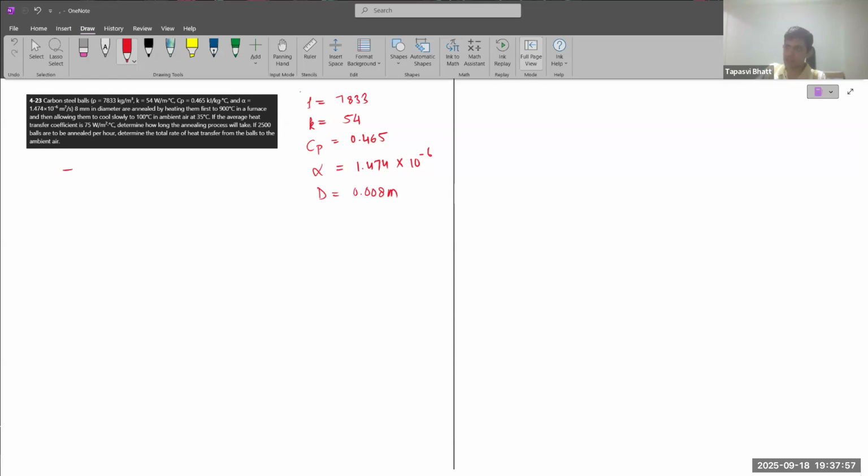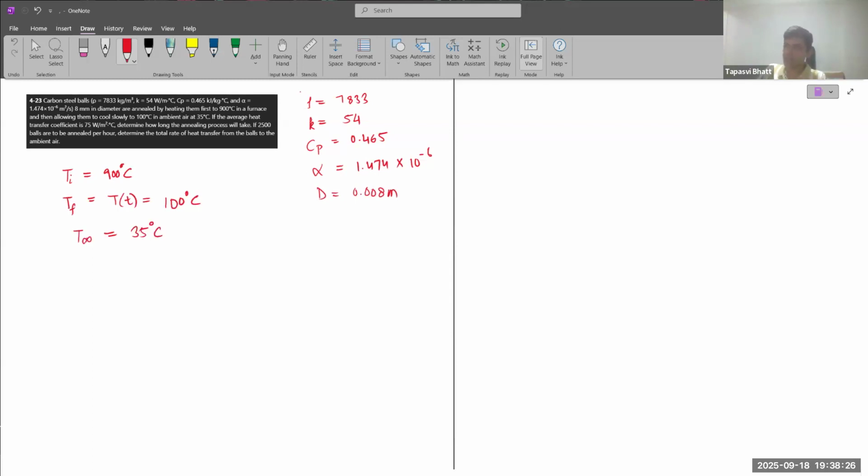TI is 900 degrees Celsius. T final, or we can even say T as a function of t, the final time, is 100 degrees Celsius. And the T infinity, which is the ambient air, is 35 degrees Celsius.